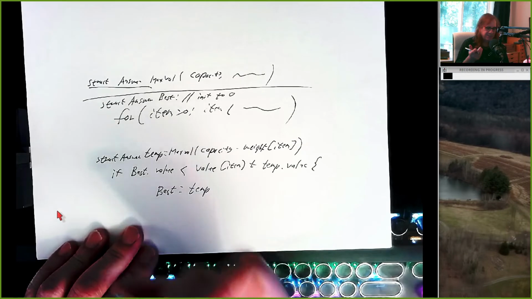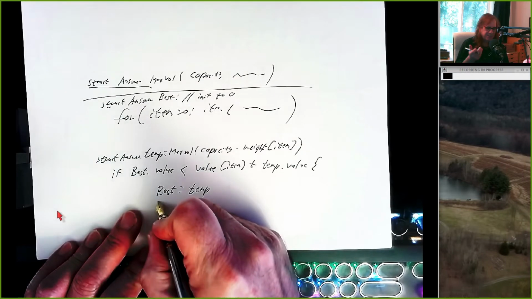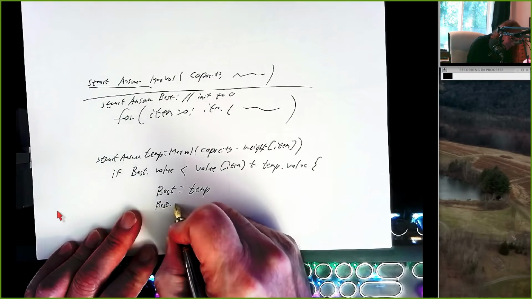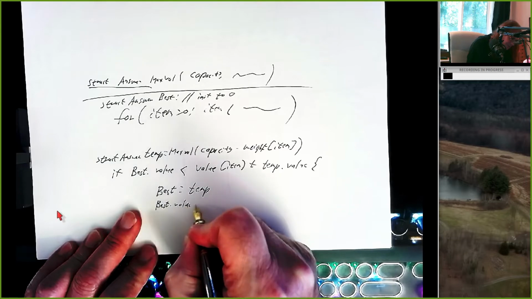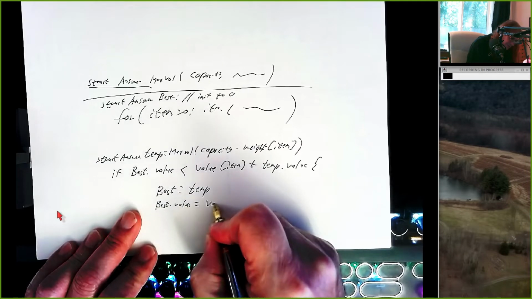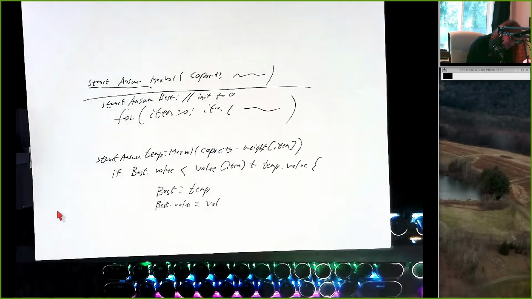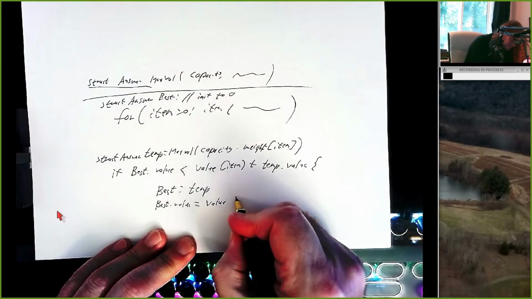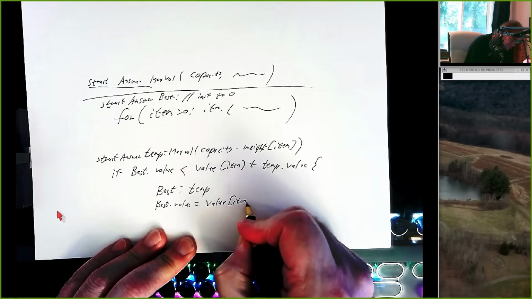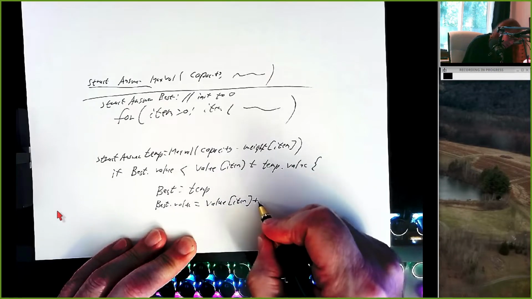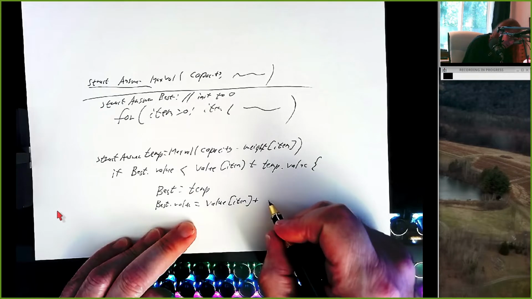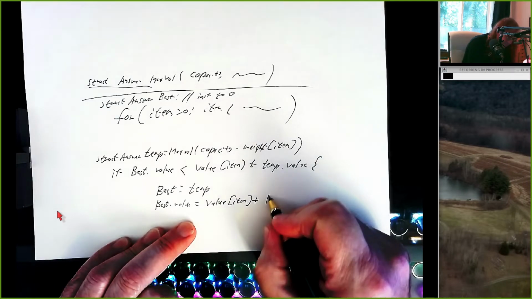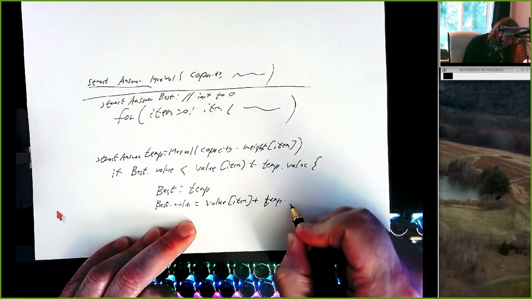This is clunky the way I'm writing it, but I would set best value equal to value of that item plus temp.value.